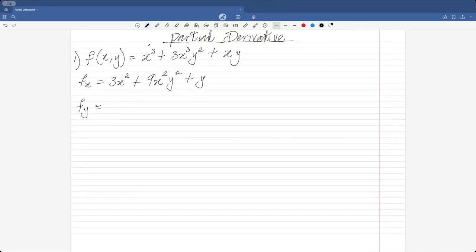The derivative of 3x cubed y squared becomes 3x cubed times 2y, plus x. We can further simplify by saying 6x cubed y plus x. And this is our final answer when we differentiate with respect to y.